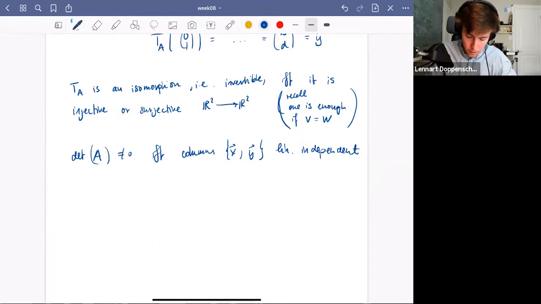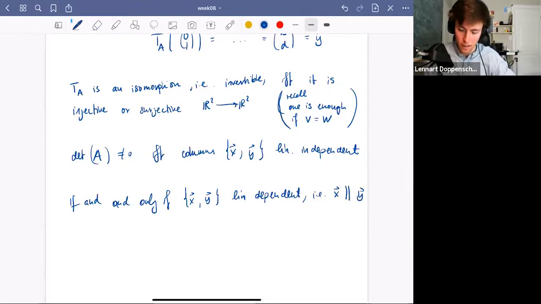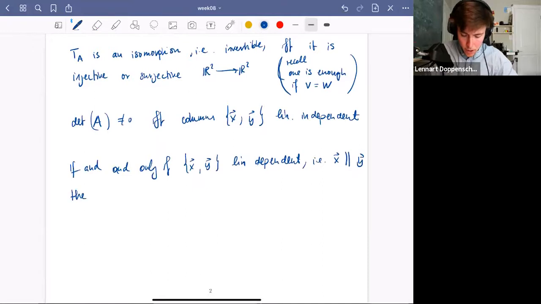So, if and only if, well, X doesn't have to be equal to Y, but you could say that X is a multiple of Y, or is linearly dependent, i.e. X is parallel to Y. I hope no one gets confused by this notation, but it means X is parallel to Y. The image of T sub A is just a line and not R^2.